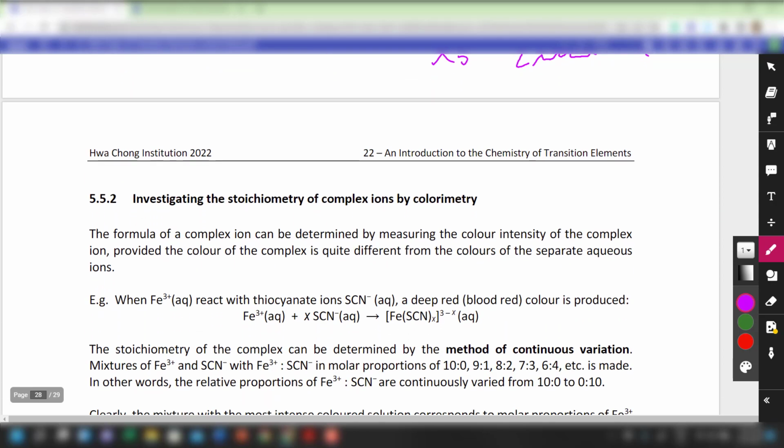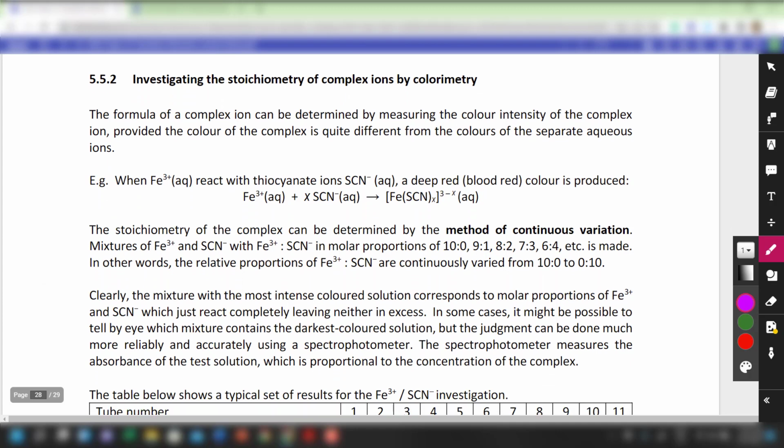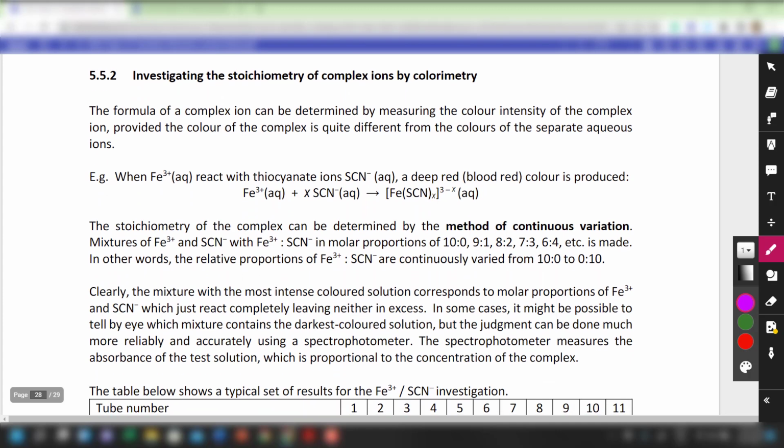Then we can also investigate the stoichiometry of a complex ion by colorimetry. The formula of a complex ion can be determined by the color intensity. For example, iron 3 with thiocyanate, we're going to get a deep blood-red complex.